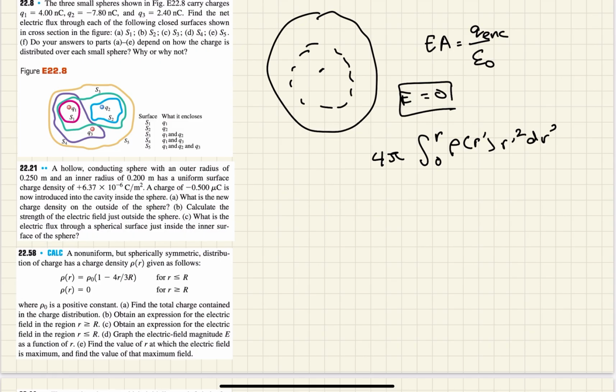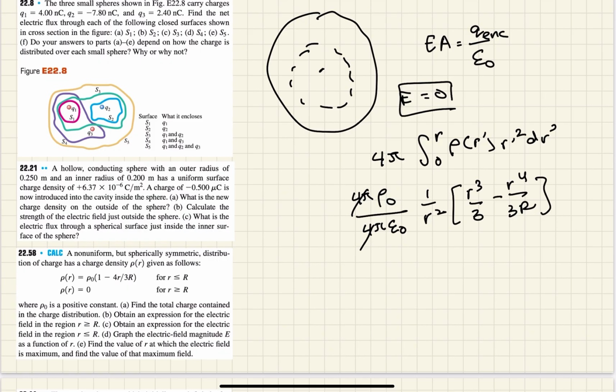This is the integral from before. You integrated the same way by substituting the function for this, and it's going to be the exact same thing. It's 4 pi rho naught, but this time over 4 pi epsilon naught, and so the 4 pi's cancel off, and it's times 1 over r squared times r cubed over 3 minus r to the power 4 over 3R.